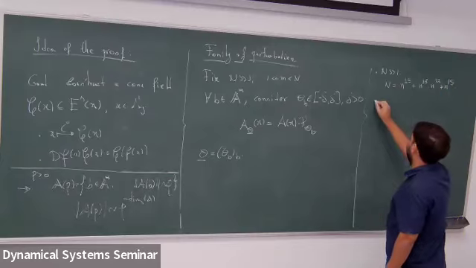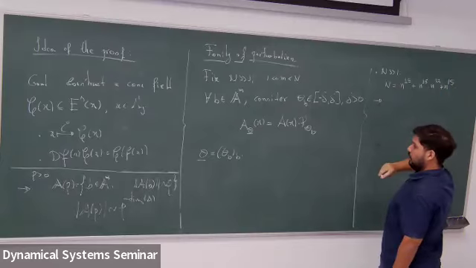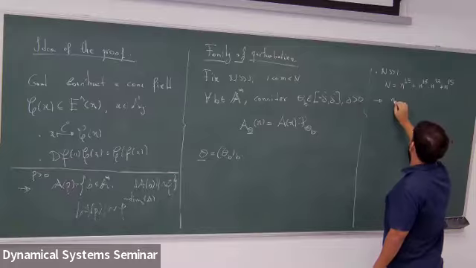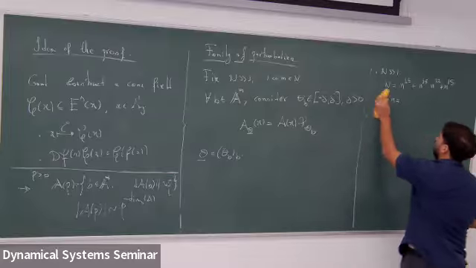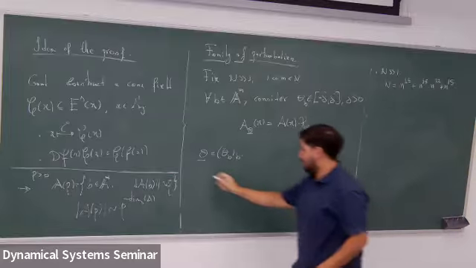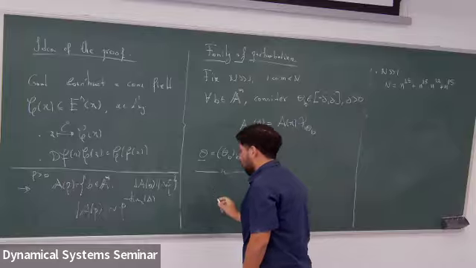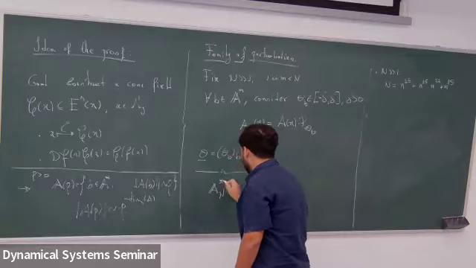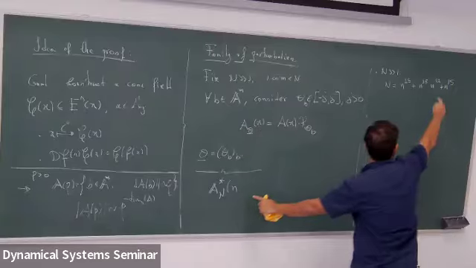First, let me fix one more parameter, which is m. Maybe I don't need this m. But I need a subset of words of size N, which is A_N of n to the 12.